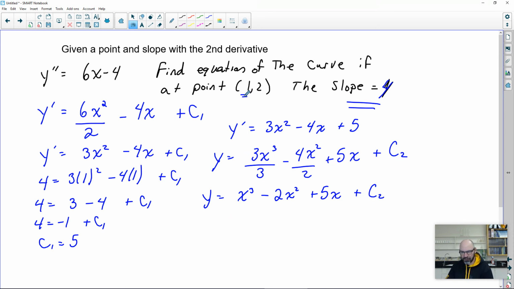Now it gives us the point 1, x is 1, y is 2. So now it's on the curve, so we can say 2 equals 1 cubed minus 2 times 1 squared plus 5 times 1 plus c2. Let's see what we get.